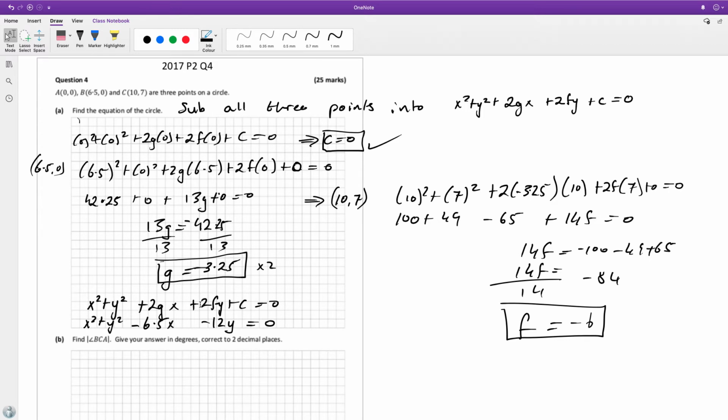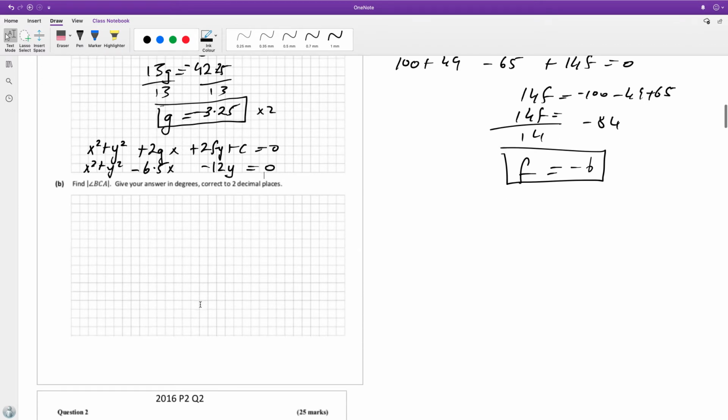Right. Find angle BCA and give your answer in degrees correct to 2 decimal places. And 3 points. I think I'm going to draw a graph. Quick little graph. My go-to when I run into a wall like this is to draw a little graph and hopefully things start to make a bit of sense.